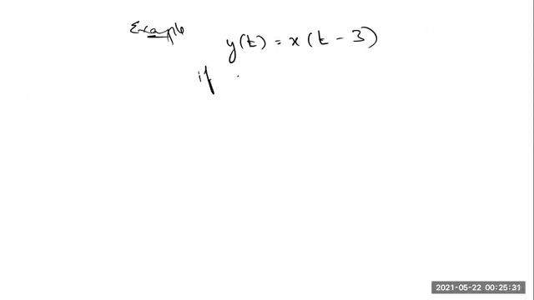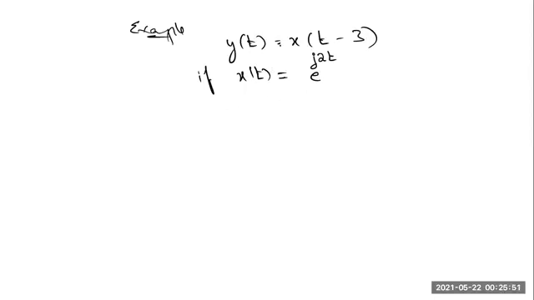So if the input to this system is a complex exponential, let's say e raised to power j2t, what is going to be the output?